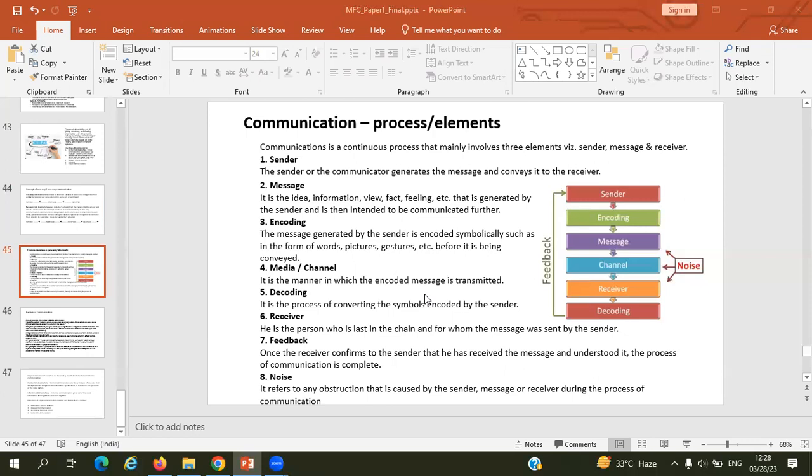Feedback. Once the receiver gets the message, you have to confirm. Suppose, I got the thing, I understood the thing. Suppose you are in the class, you are telling me yes or no, so I understand.